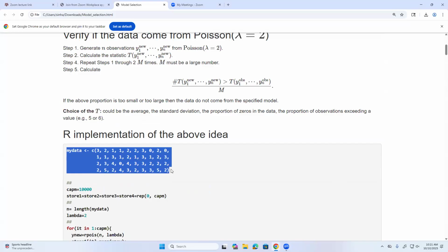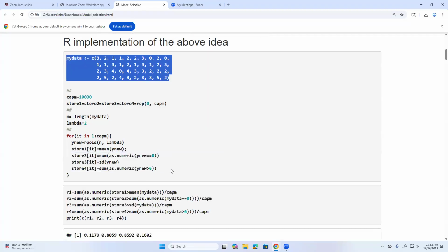So first, we wanted to check whether it is coming from Poisson distribution with mean parameter 2. And the second thing we checked is whether the data are coming from a Poisson distribution without specifying the mean parameter.